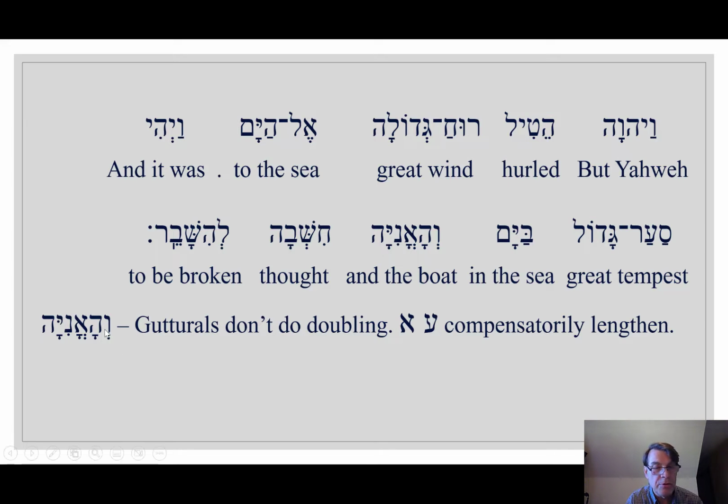The hey tried to shoot its dagesh into the aleph, and it bounced off and ricocheted and made a patak into a kamatz. That makes no sense at all, but anyway, it's kind of fun, right? Pyong, and the patak became a kamatz. We call that compensatory lengthening. It's a fancy word. When an aleph and an ayin won't do doubling, the patak says, well, fine, I'm just going to lengthen then.